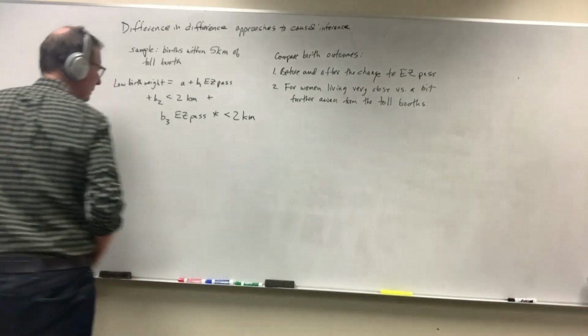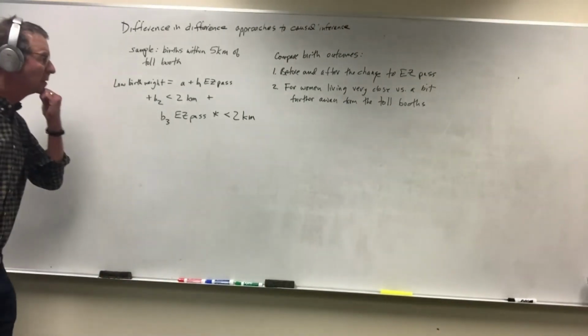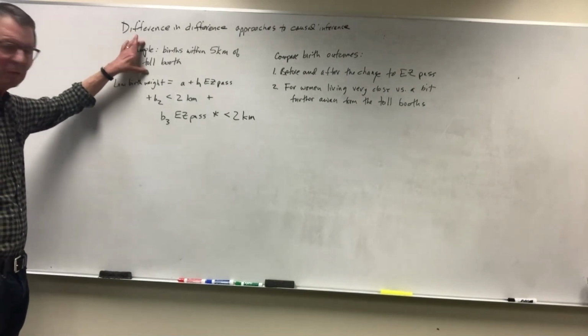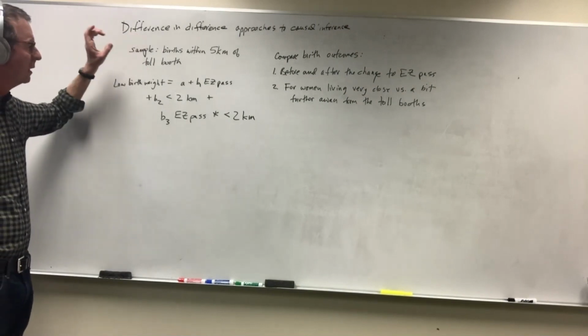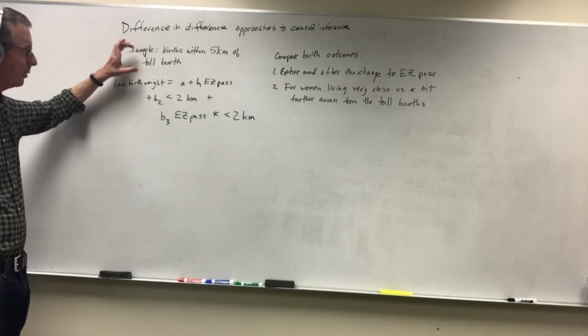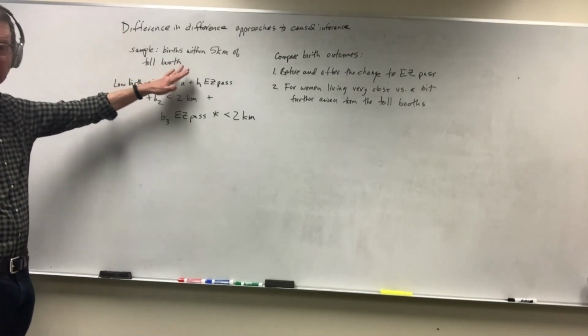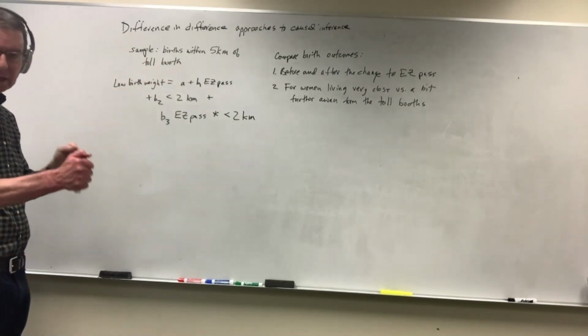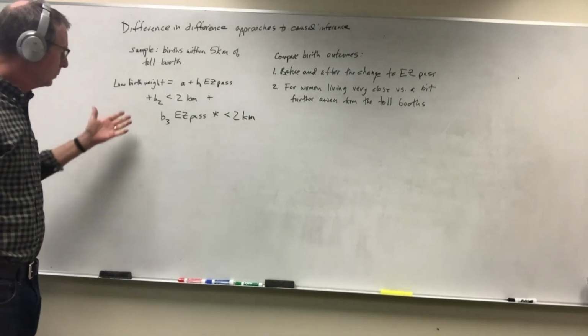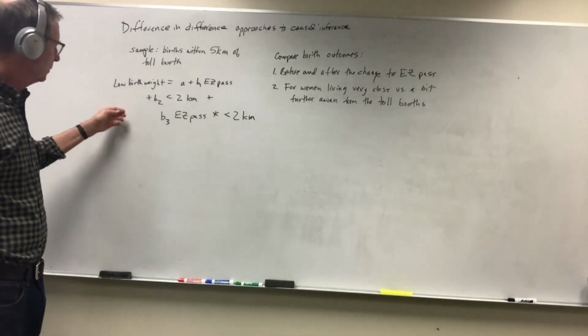Okay, so the actual model is run on this sample of a very small subset of birth records, just those associated with births for moms who are living within 5 kilometers, right? We're dividing less than 2 and 2 to 5. And the regression is very straightforward.